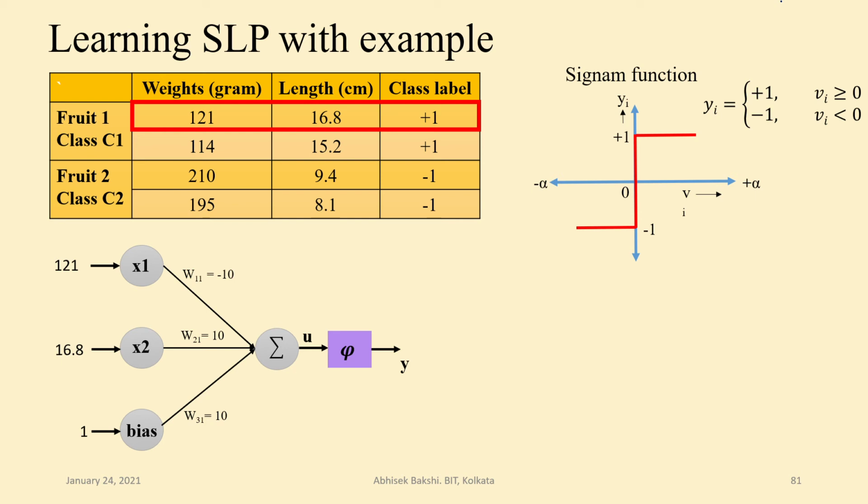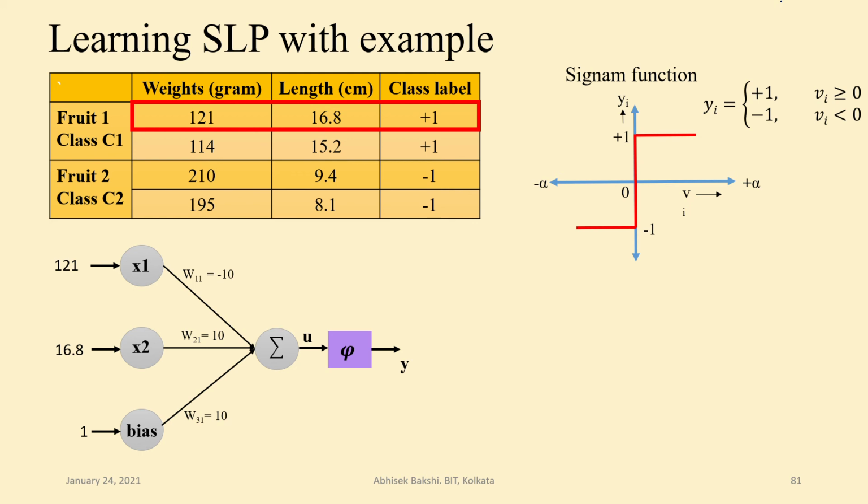This bias I have also discussed in maybe the previous class, so you can go through that if you don't have a proper idea about it. So this bias has to be there. That's why it's a single layer perceptron problem, where we'll have an input layer and an output layer, and this input layer will contain three input neurons.